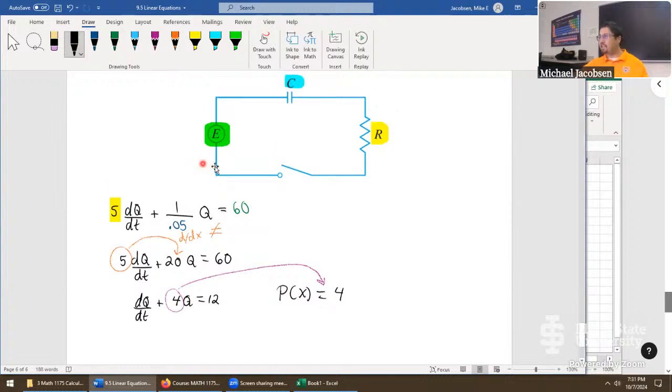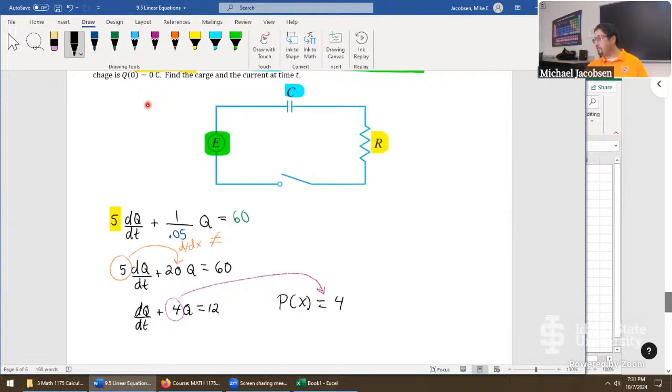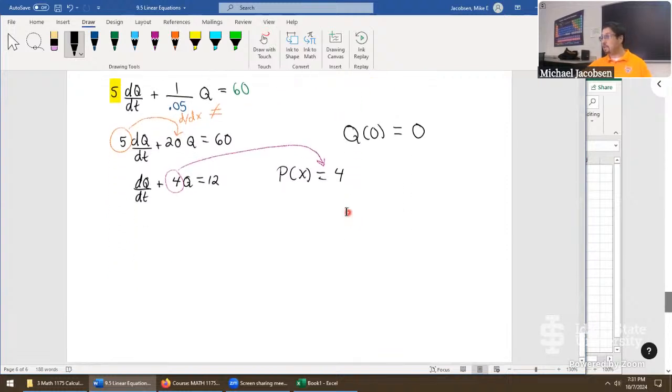And before I forget, I think they said the initial charge is 0. So that's an initial condition of q at 0 equals 0. So we're also solving an initial value problem on top of it. But this isn't too bad once we've gotten started to this stage. Any questions at all, folks, so far?